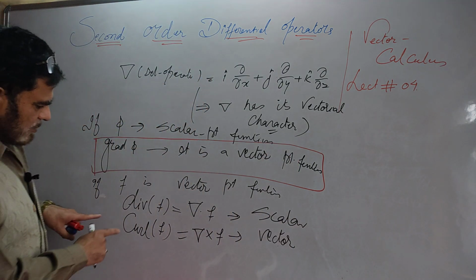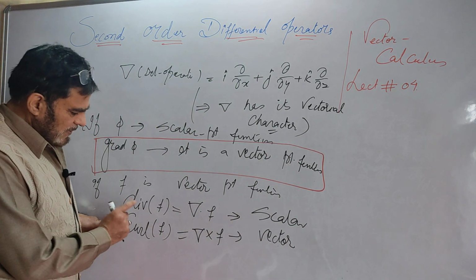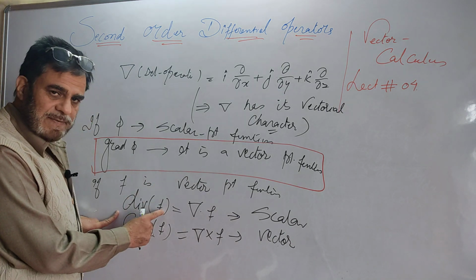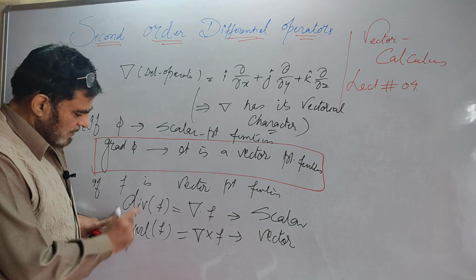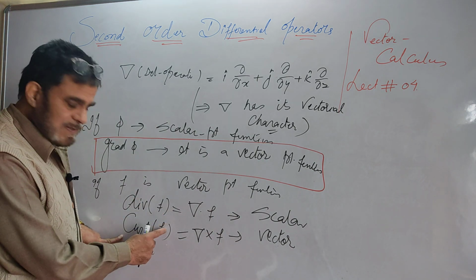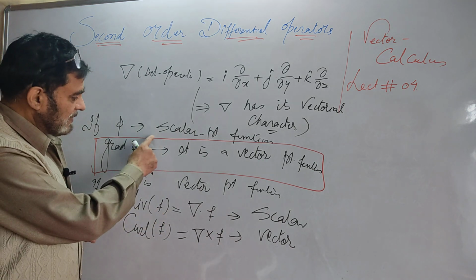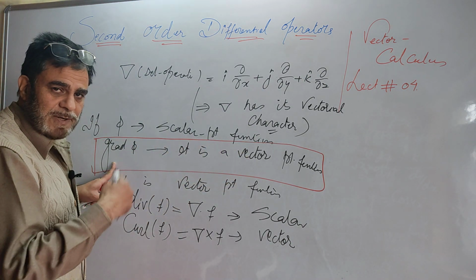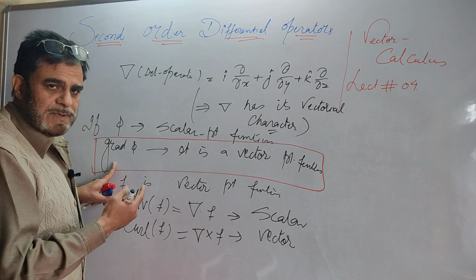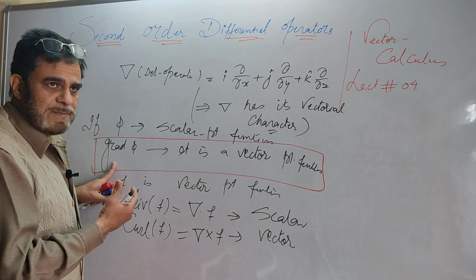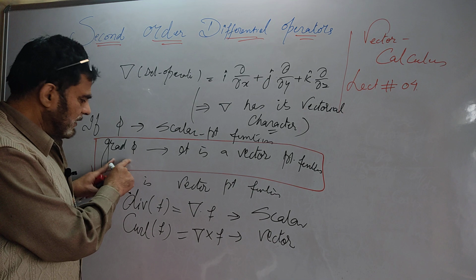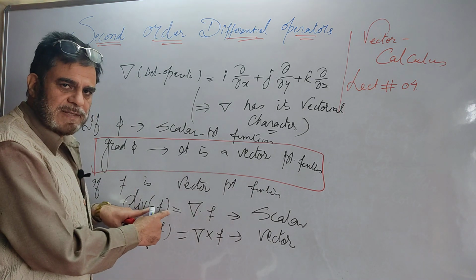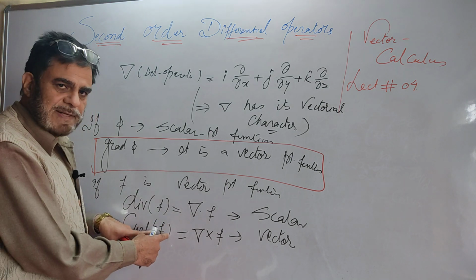We always find divergence and curl when f is a vector point function, and here we have seen that our gradient is also a vector point function. Now we will develop new, systematic formulae. Gradient of phi is our vector. We find the divergence of the vector and the curl of the vector.